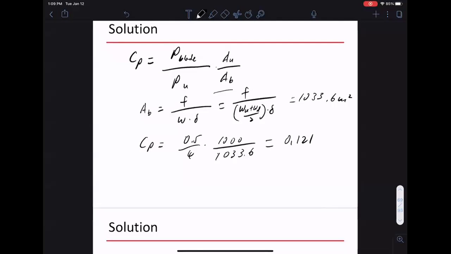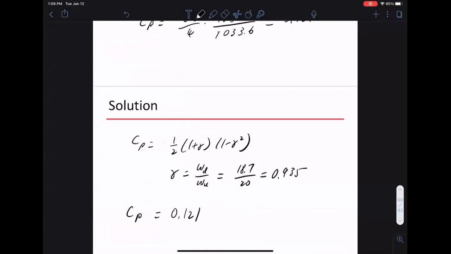You have to take the area into account. The amount of power available in wind depends on the area, and the area we consider is the area swept out by the blade. So there's always this area correction term. Or if you know the speed, if you can find out gamma, then you can use this equation. So there are different ways to do the problem. Okay, so this is one example.